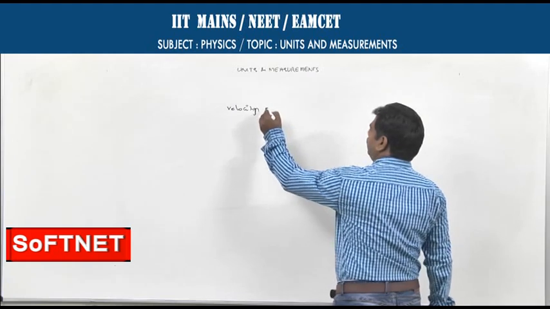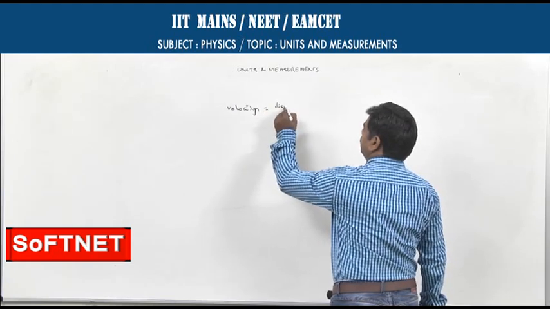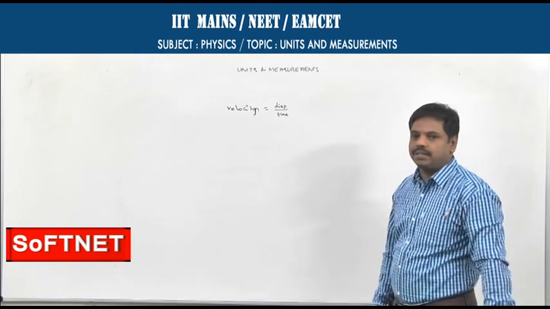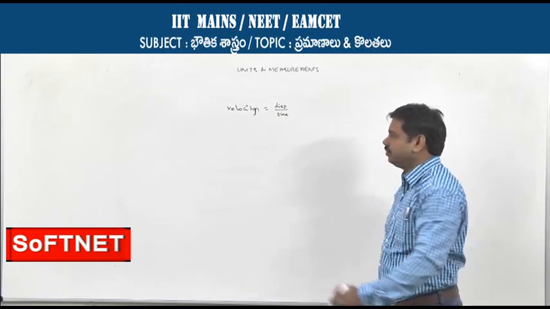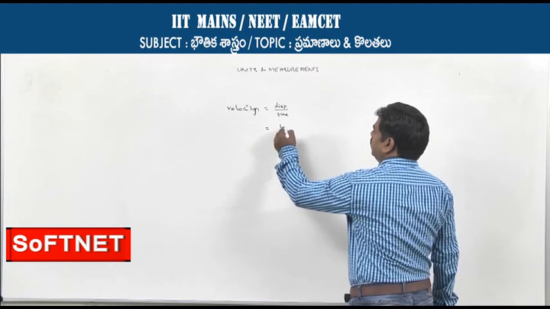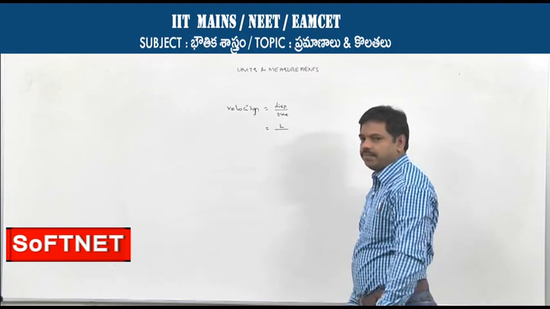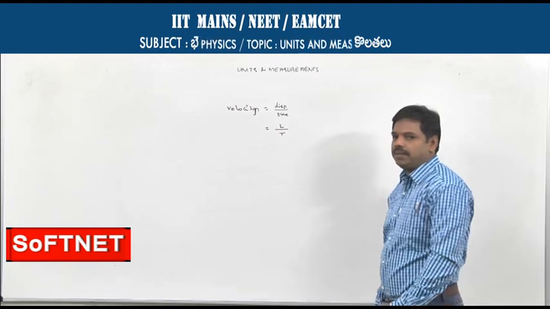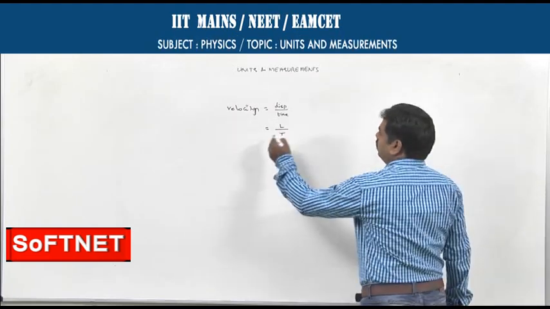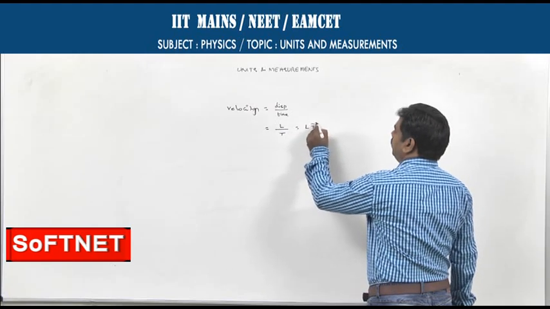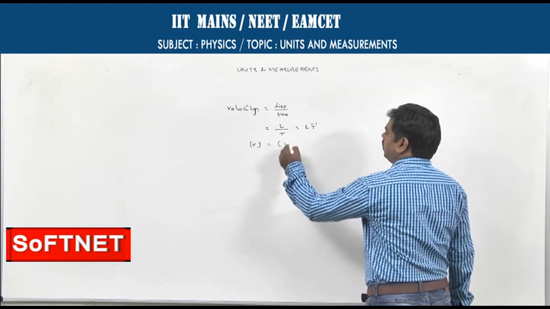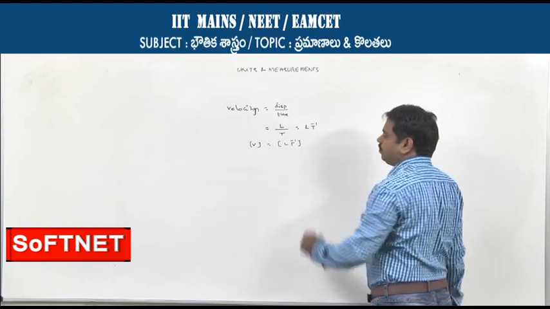The formula for velocity we already know: displacement by time taken. Displacement is nothing but length, and the symbol for length is capital L. The symbol for time is capital T. Now the dimensional formula of velocity will become LT inverse.